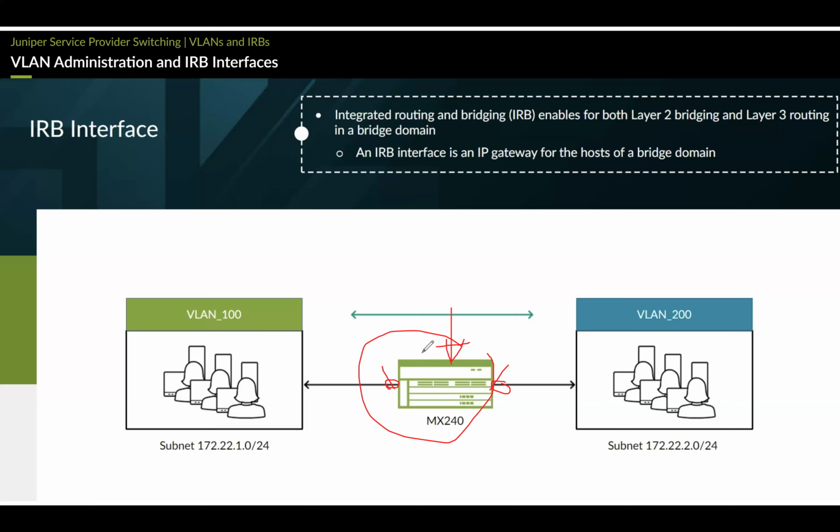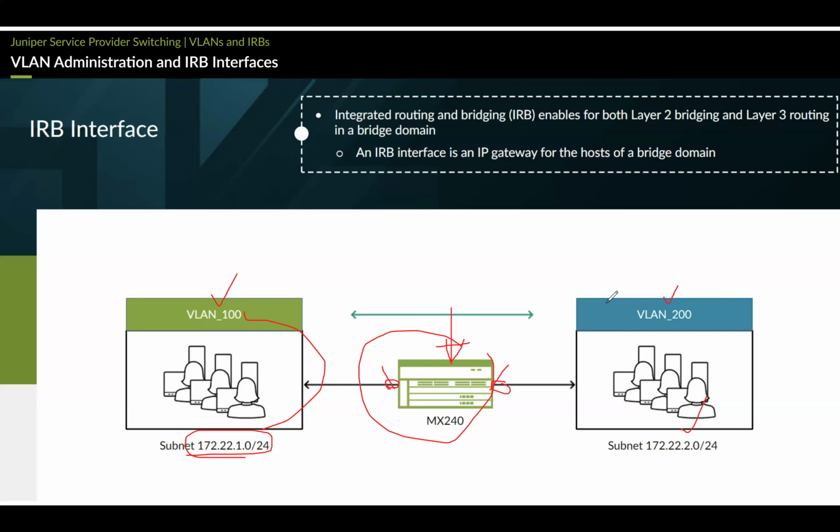Another purpose is when you are making multiple VLANs. Consider VLAN 100 and another one, VLAN 200. You want this subnet to communicate with this subnet, so you need to make inter-VLAN routing here. In that case, you have to configure one IP address from this subnet under VLAN 100, and the same for VLAN 200.